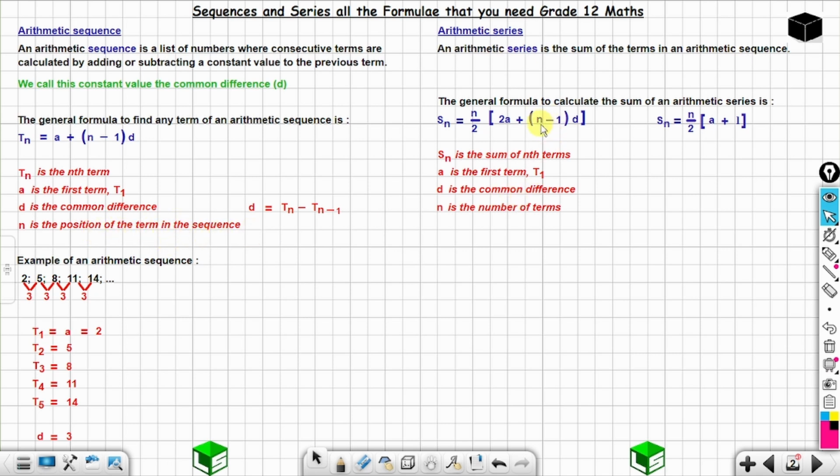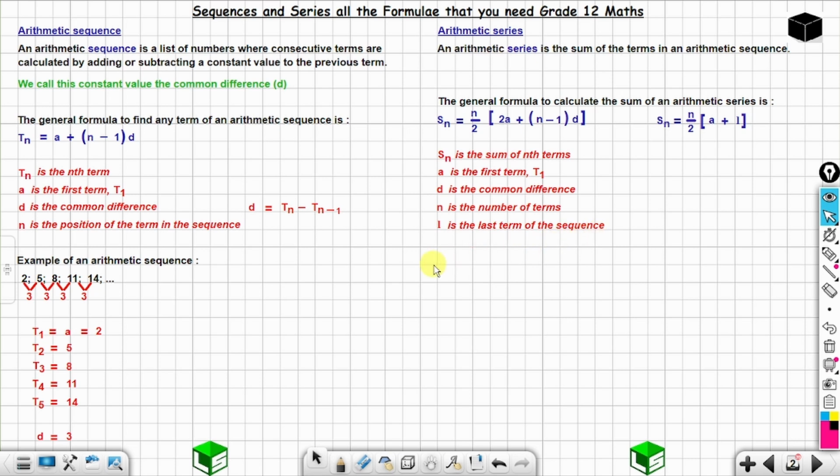In this case, N represents the number of terms for which we are calculating the sum. Now, L in this formula represents the last term of the sequence.